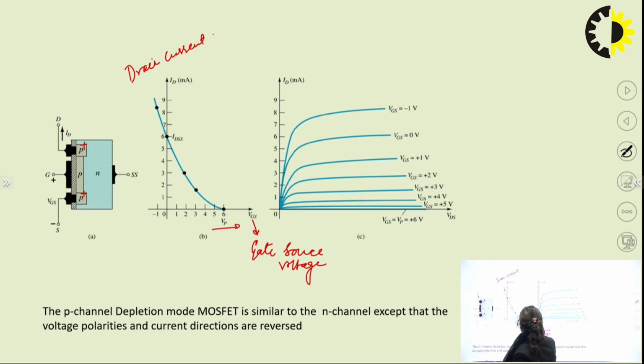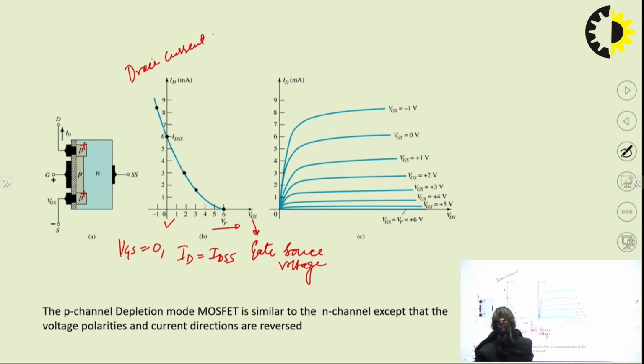When you increase the voltage VGS from 1 to 2, 3, 4, 5 and 6, at a particular value, 6, you can see there will be zero ID current. When VGS is equivalent to 0, ID is equivalent to IDSS.